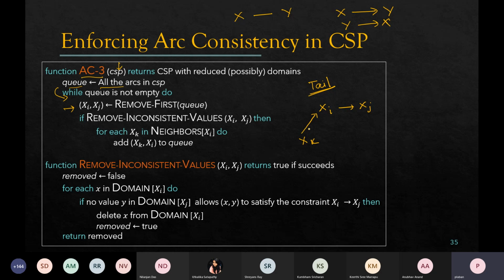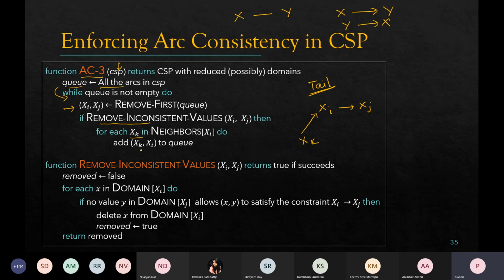So we need to relook at this edge, even though we have checked it earlier, right? So basically, I'll talk about this later, remove inconsistent values. Now, if we see that there is a case like this, we try to find out the neighbors of xi. So let us consider these xk are the neighbors of xi.